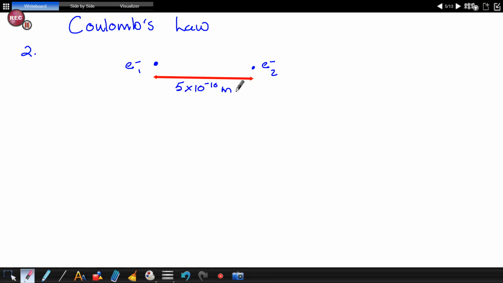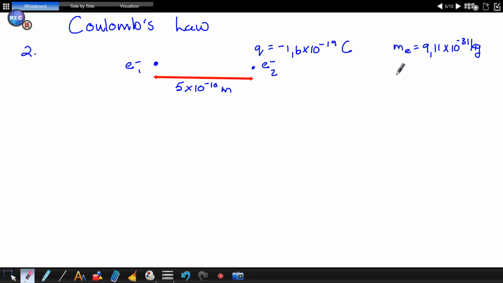So what do we need here? We need the charge on the electron, which is negative 1.6 times 10 to the negative 19 coulombs. And we're going to need the mass of the electron. So what is the mass of the electron? It is 9.11 times 10 to the power of negative 31 kilograms.